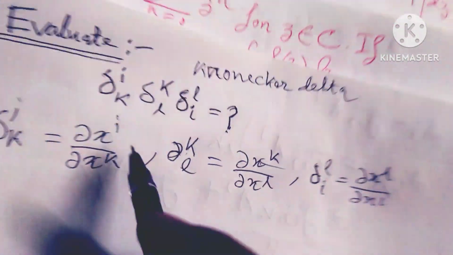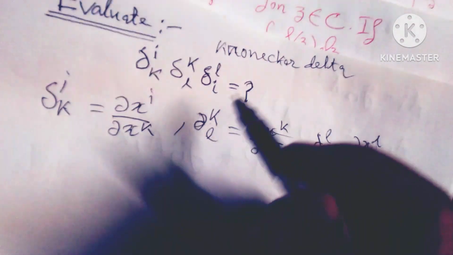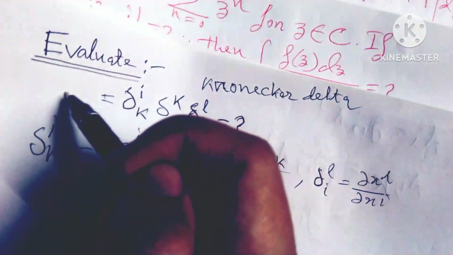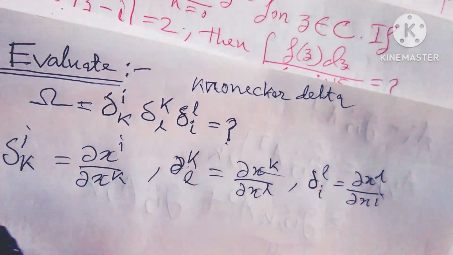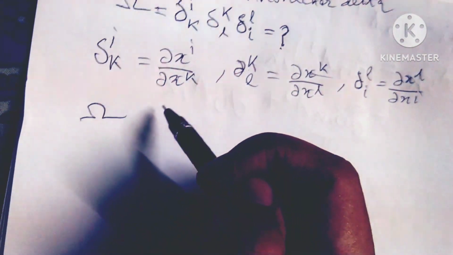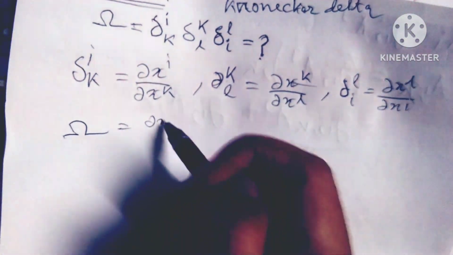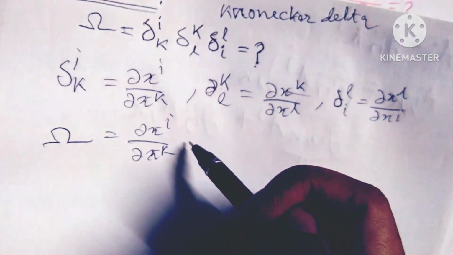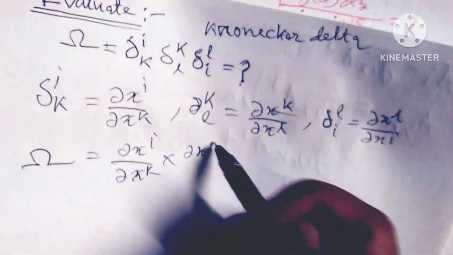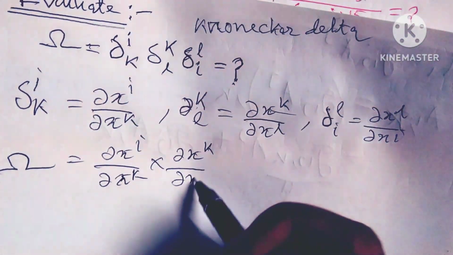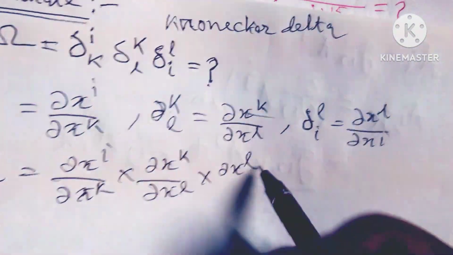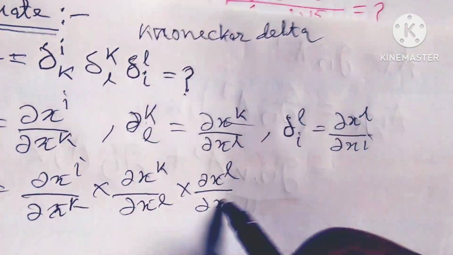So putting this value in here, I can write this is equal to omega. So omega equals ∂x_i/∂x_k into ∂x_k/∂x_l into ∂x_l/∂x_i.